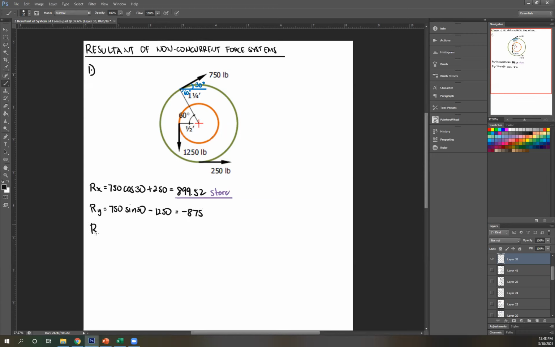Okay. So now, getting R, that's just square root of Rx squared plus Ry squared. So please solve using the stored value. Just solve for it: square root of Rx squared plus Ry squared using the stored value of Rx.